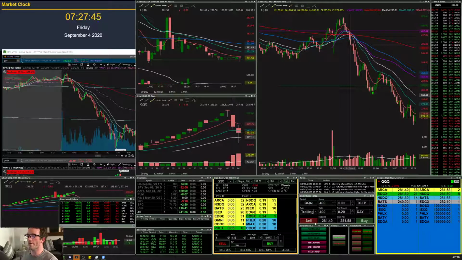So let's say I clicked it when it was right at the top here. I said, okay, if it drops 20 cents or whatever number I put, then I want to get out. Well, the price action went down 20 cents, which it did, so it would have stopped out right up here.